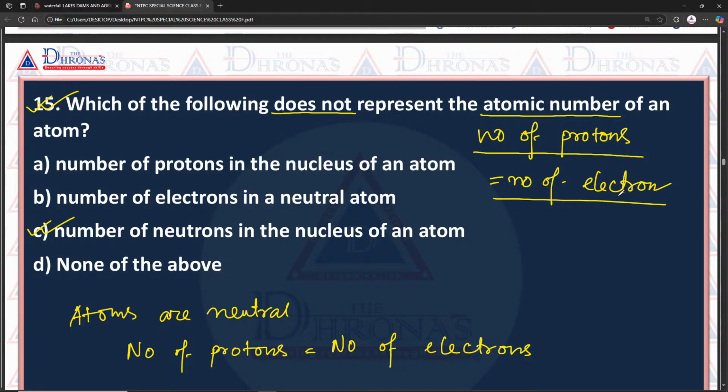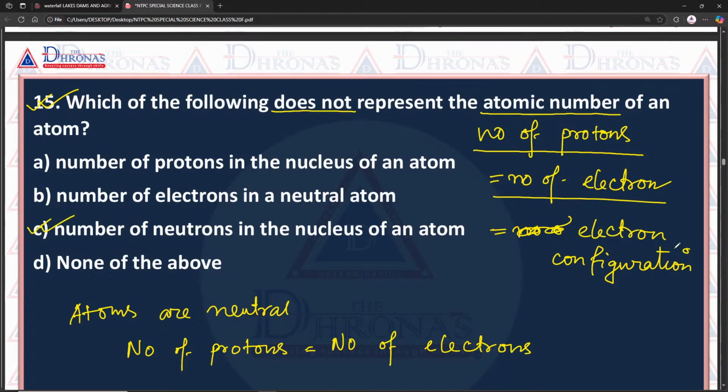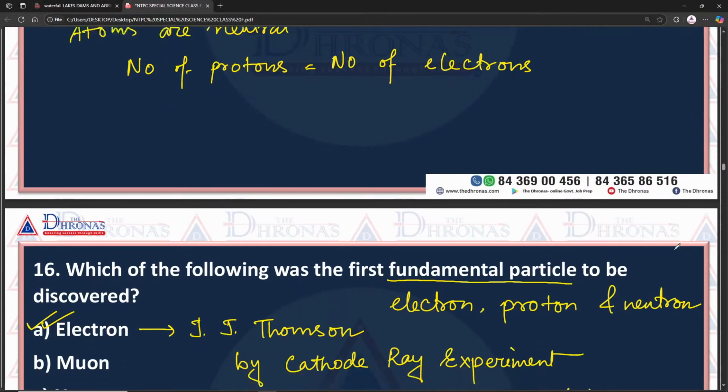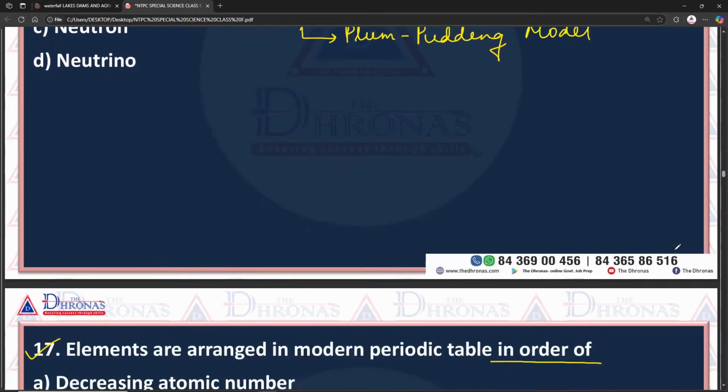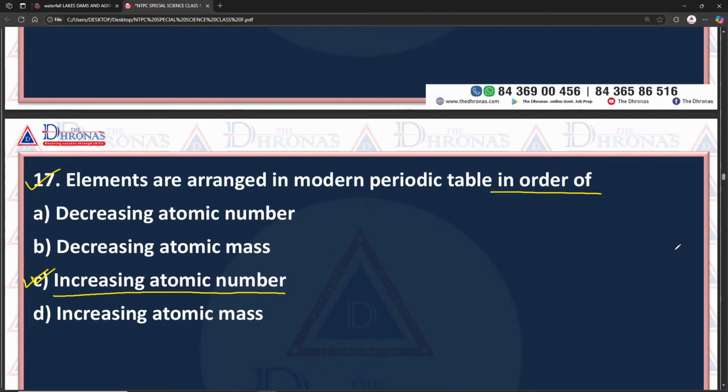And if we know the number of electrons, we also get the electron configuration. Electron configuration. That means the arrangement of electrons in the shells. So ये जो इलेक्ट्रॉन के अरेंजमेंट्स है, उसी से हम लोगों को एलिमेंट्स के केमिकल प्रॉपर्टीज के बारे में भी पता चलता है. All the chemical properties actually depend on the atomic number of an element.